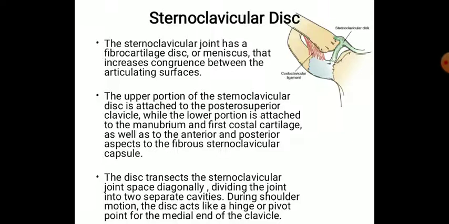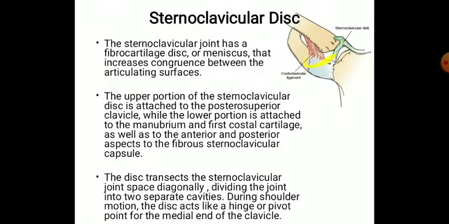To avoid that incongruence, we have this articular disc. With the help of this disc, we are able to maintain a normal congruence of the articulating surfaces. The upper portion of the sternoclavicular disc is attached to the posterior superior clavicle.